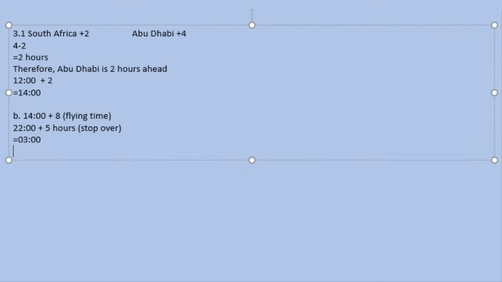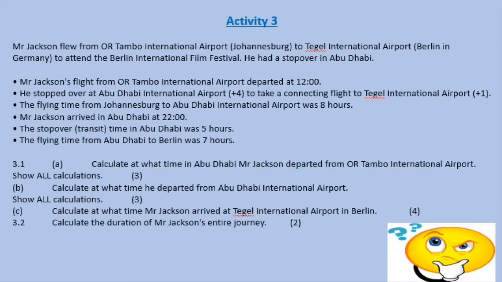Right, let us look at C. Calculate at what time Mr. Jackson arrived at Tegel International Airport in Berlin.